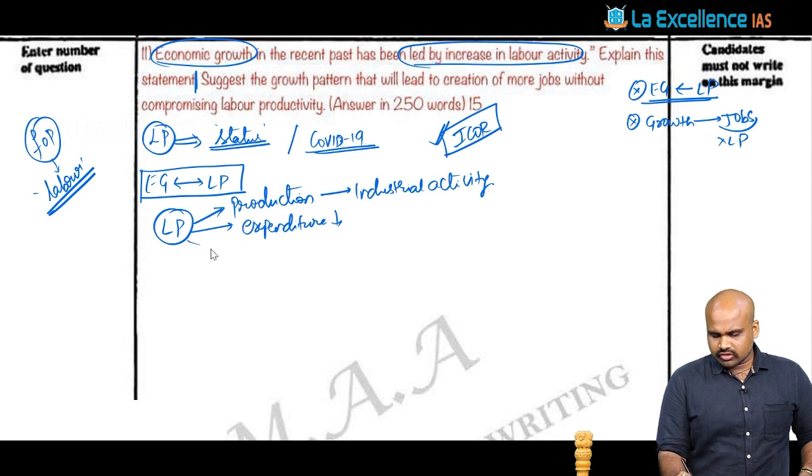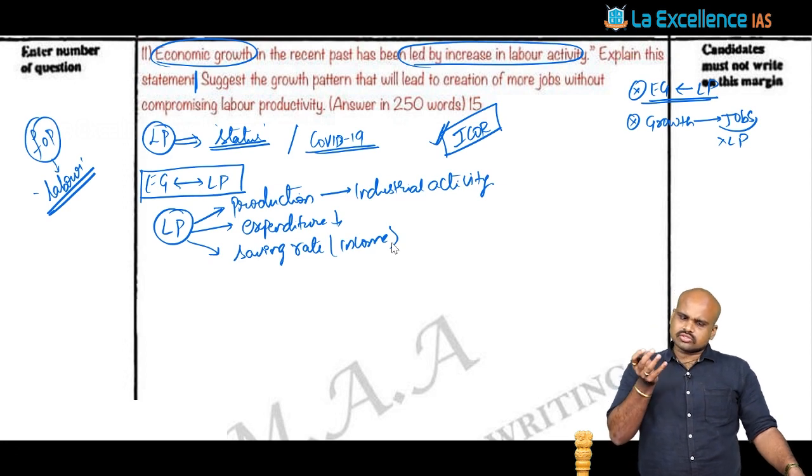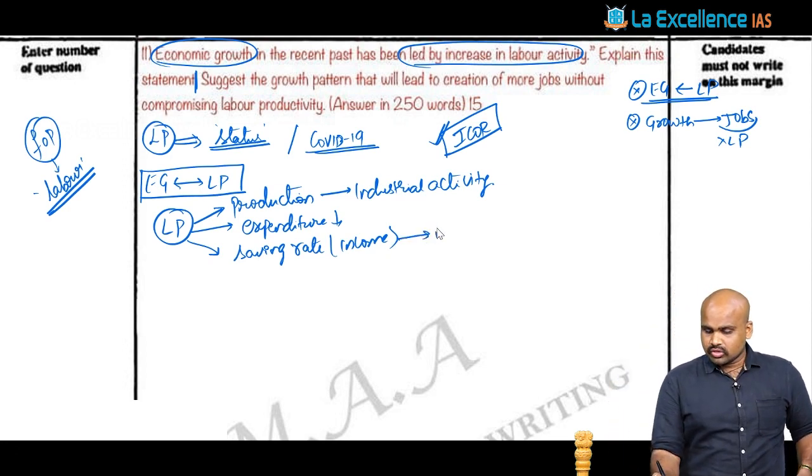And with labor productivity enhancement, you would also see the savings rate go up, because the income levels would certainly go up. As income levels go up, with a certain expenditure present, the savings rate might also go up, which would further lead to investment.